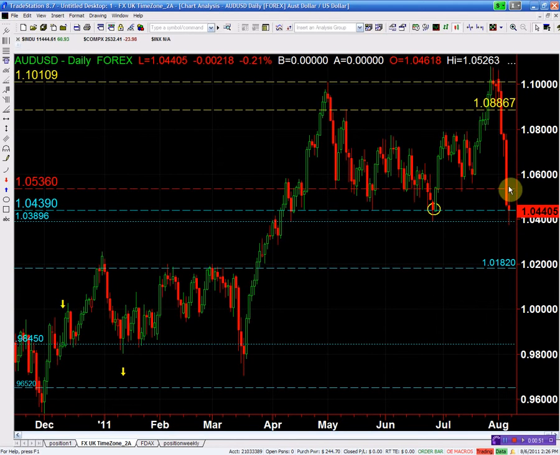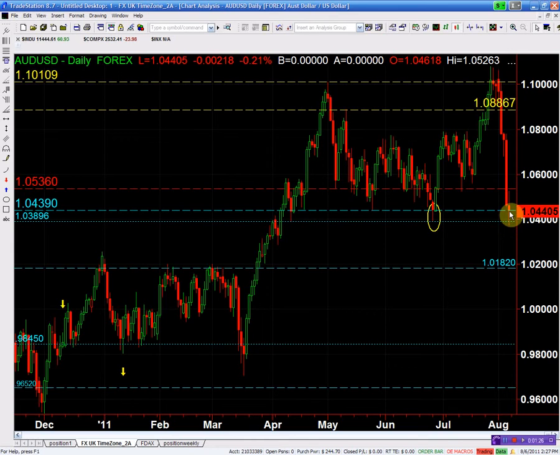So you see that we had the decline, we had the sell-off, we had big range days all the way down. It broke the first structure point at 104.39, and then it broke through the second structure point, which is the 103.89, and then all we had was a simple bounce back.